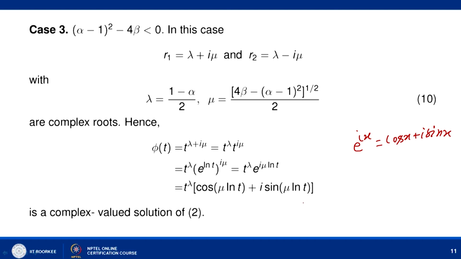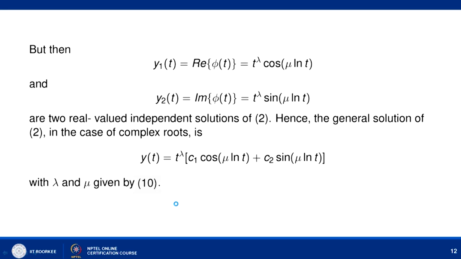Since we are not interested in this complex solution, here we take out the real part and the imaginary part, and we can say that y1(t), that is the real part of phi(t), that is t to the power lambda cos(mu ln t), and y2(t) as the imaginary part of phi(t), that is t to the power lambda sin(mu ln t), are two real valued independent solutions of equation 2.